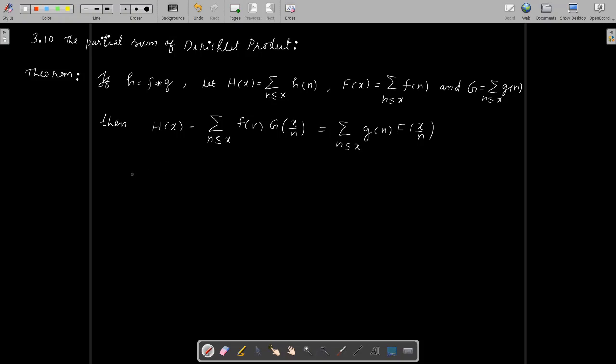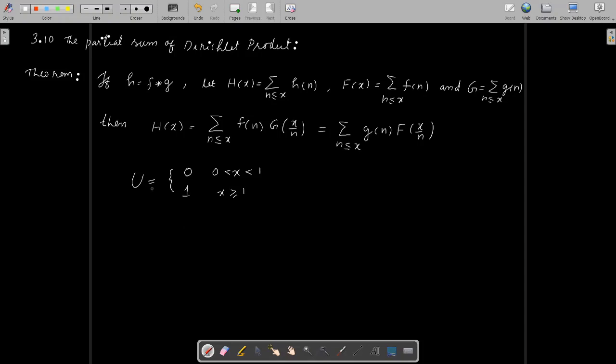Before that, we will define a new function u that is equal to 0 when 0 less than x less than 1, and the value is 1 for all other x.